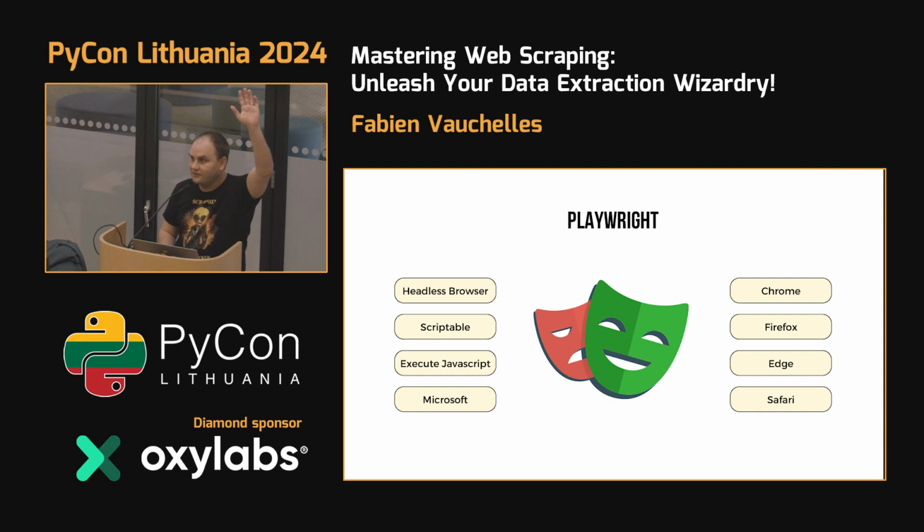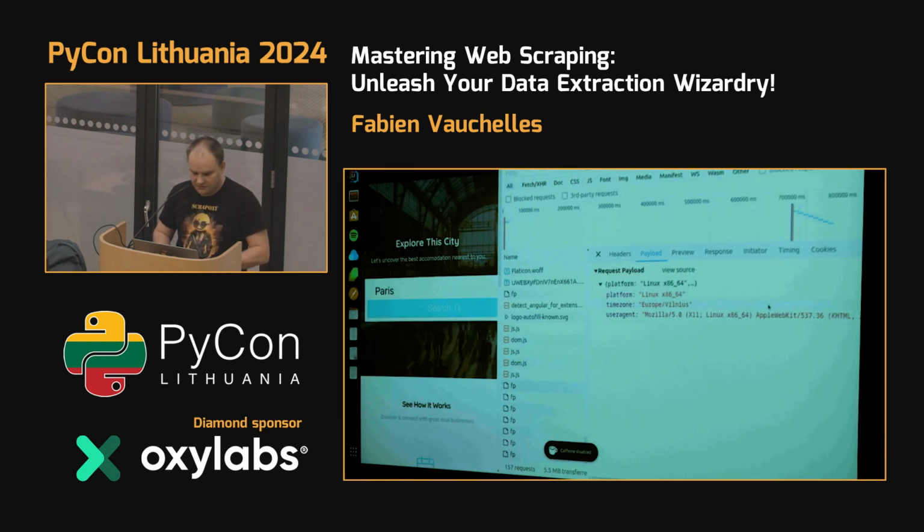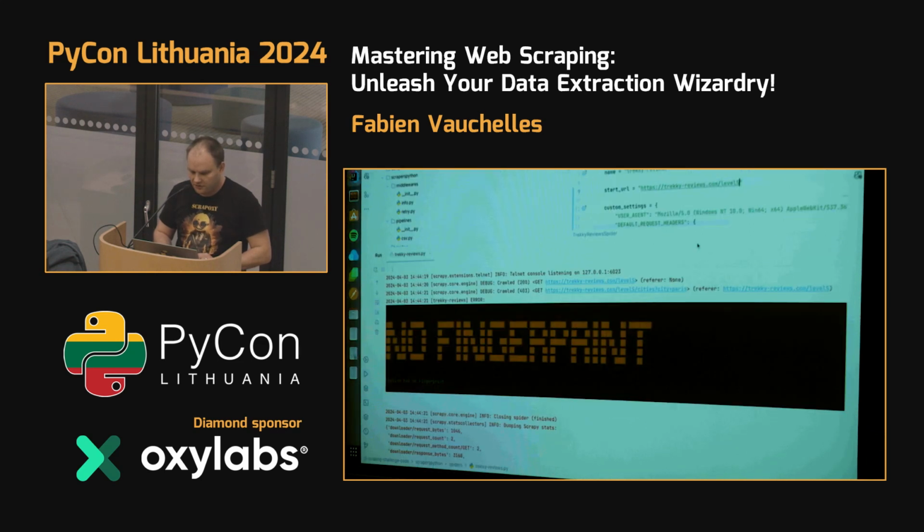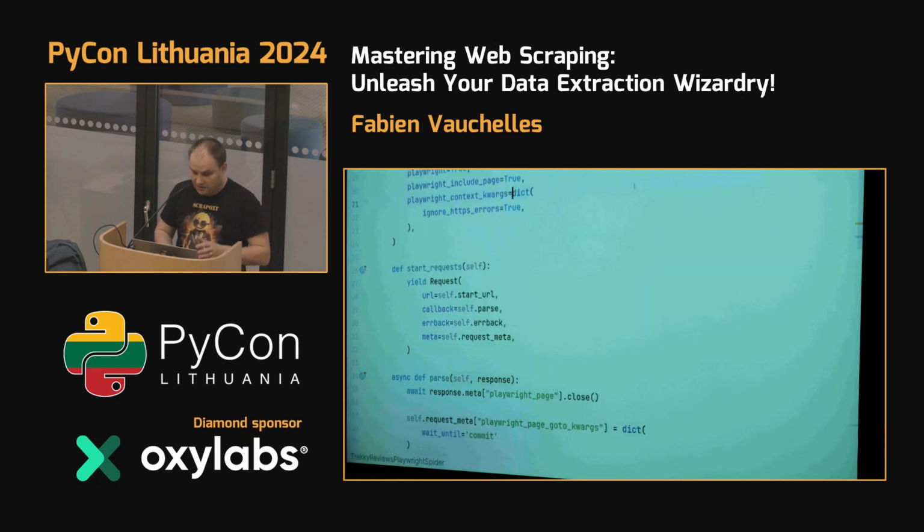Who knows Playwright? Cool. So Playwright is a headless browser, but for the demo it will be headful. It can execute JavaScript, run Chrome, Firefox, Edge, Safari. It's open source and maintained by Microsoft. So I already created a Playwright spider. It's quite the same.